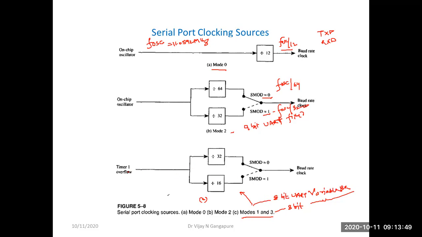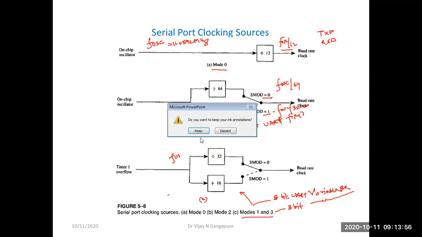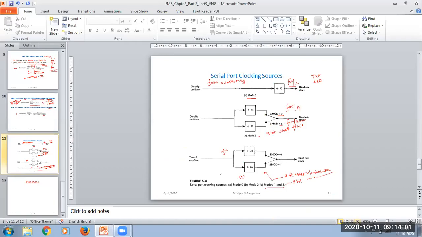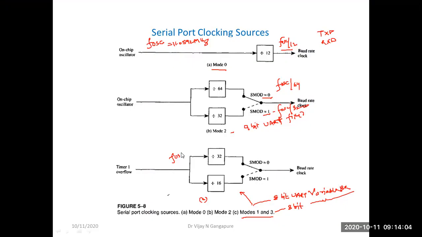So here, this F oscillator is further divided by 32. Here F oscillator is either divided by 32 or divided by 16, depending on whether the SMOD bit is 0 or 1.